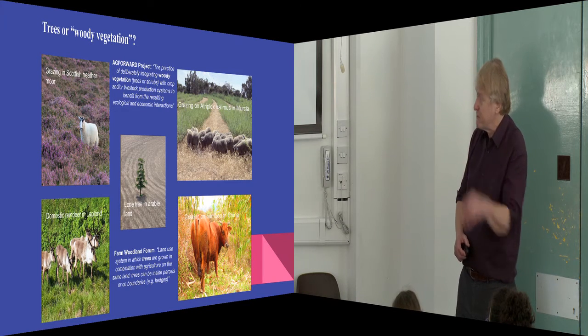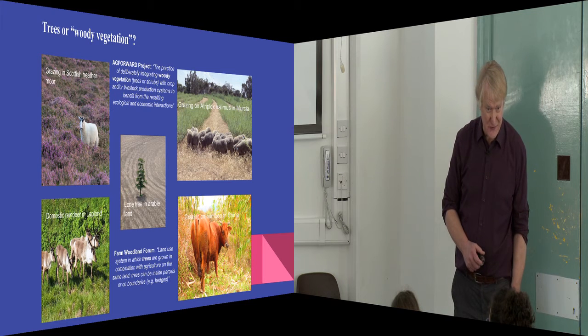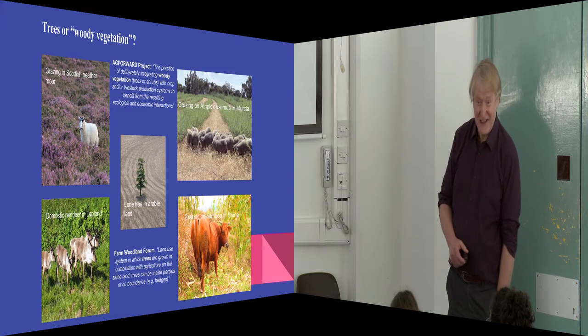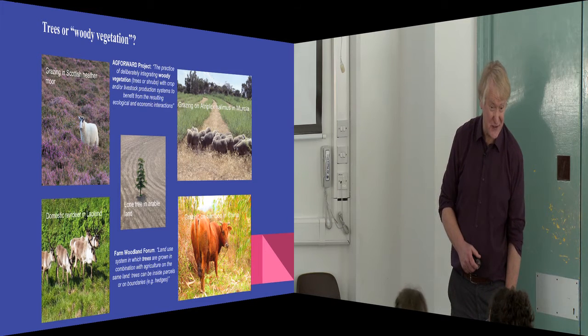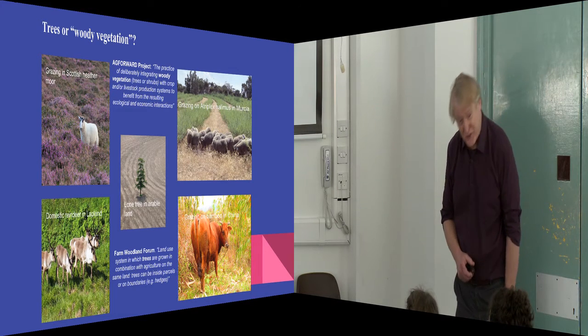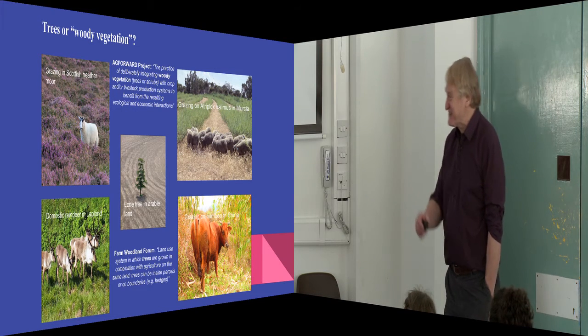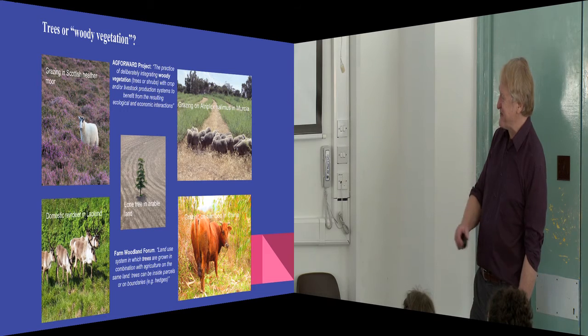So it's a bit of a movable feast, what agroforestry is, and I prefer not to worry too much about it, because frankly, it's hard enough to come to an agreement about what is agriculture and what is forestry. Agroforestry is somewhere between. Let's not get too hung up on the qualifications.